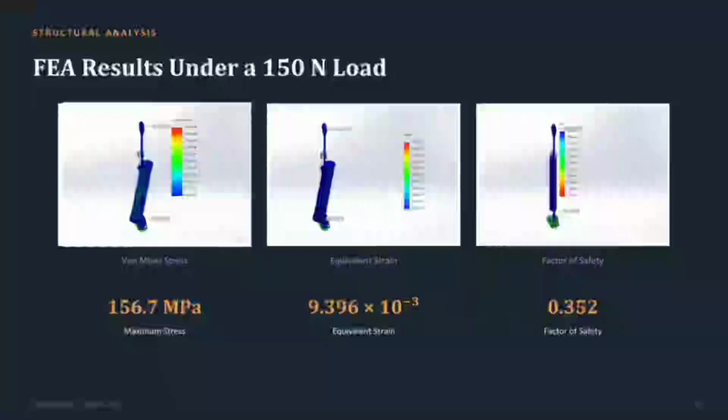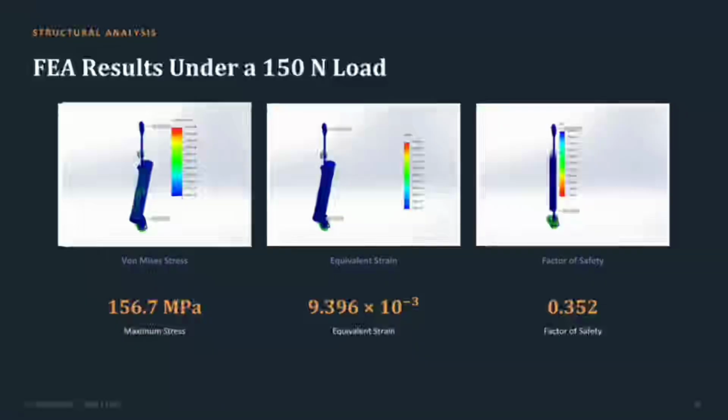The maximum von Mises stress recorded was 156.7 megapascals, concentrated at the junction of the cylinder barrel. The maximum equivalent strain was 9.369 times 10 to the power of -3. The minimum factor of safety was 0.352, which is below the acceptable threshold of 1.0.